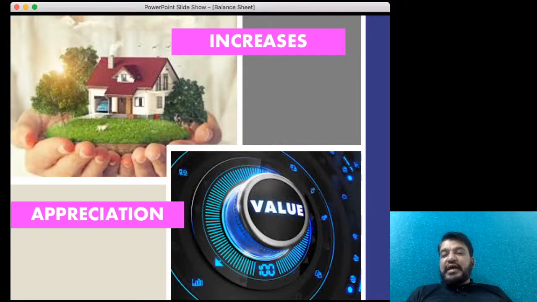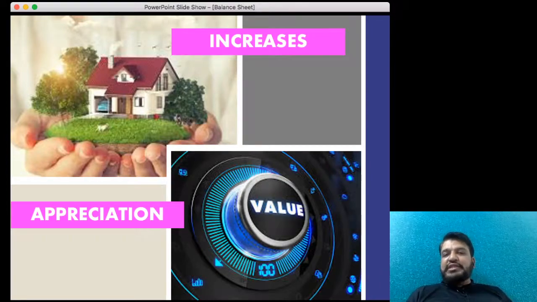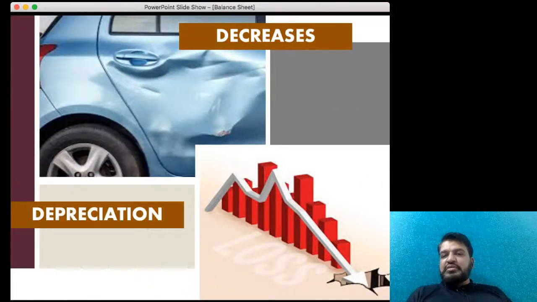Appreciation is the increase in value of any tangible or intangible product or service that you own. Depreciation is the decrease in the market value of the product.